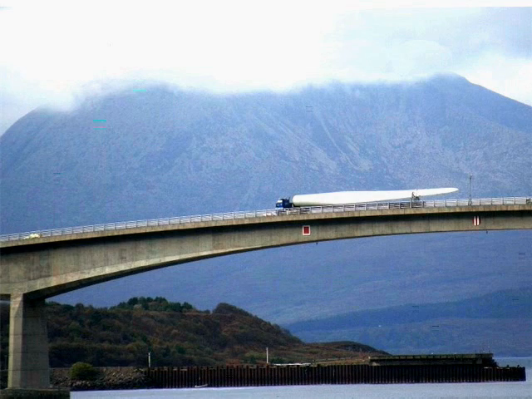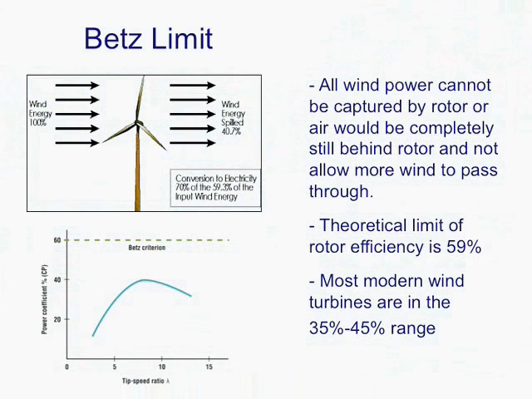Now, you cannot capture all of the wind. You cannot utilize all of the energy of the wind that is passing through a turbine, because some of it does have to pass through. There is a theoretical limit called the Betz limit.